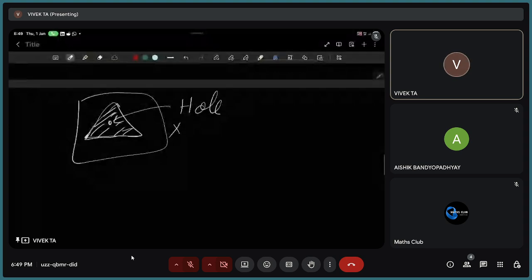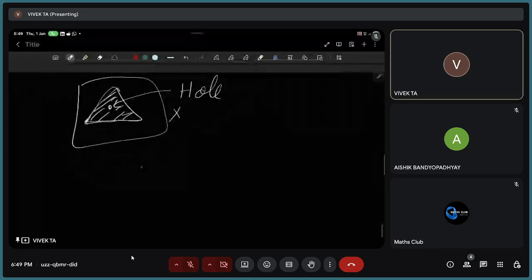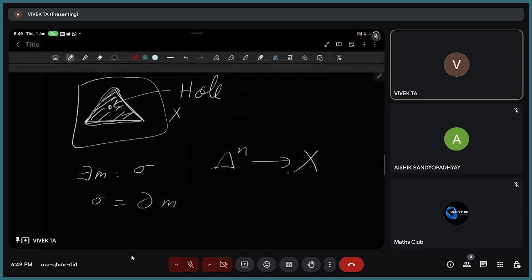But how can I make such a statement more rigorous? I can say I have an object sigma, this triangle outline, and there exists no filled-up triangle M such that sigma equals the boundary of M. But how do I make it even more rigorous? By taking maps of delta n to X.